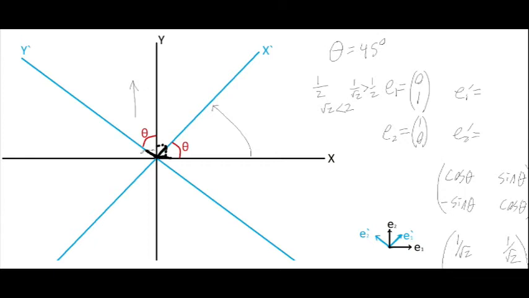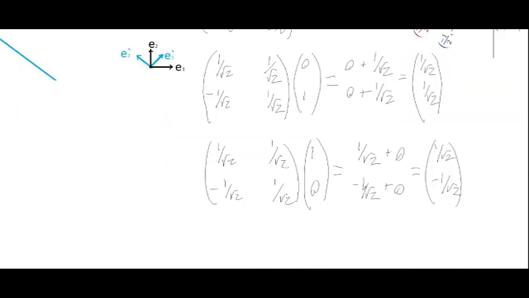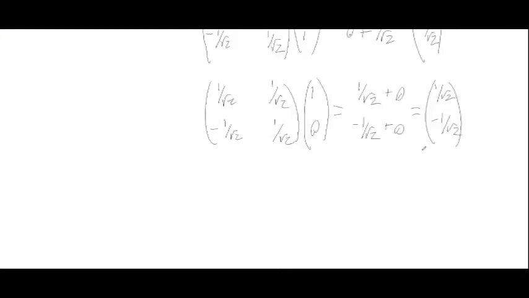But now the x component is negative, and it's negative 1 over square root of 2 because it's pointing to this quadrant here. And so it's negative, and that makes sense for this, that this would be a positive 1 over square root of 2 and this a negative 1 over square root of 2.